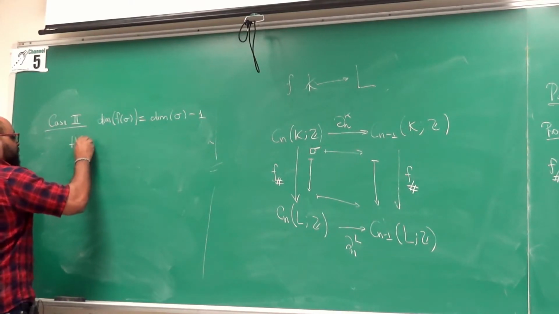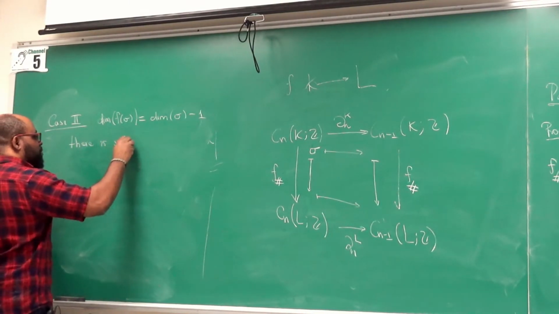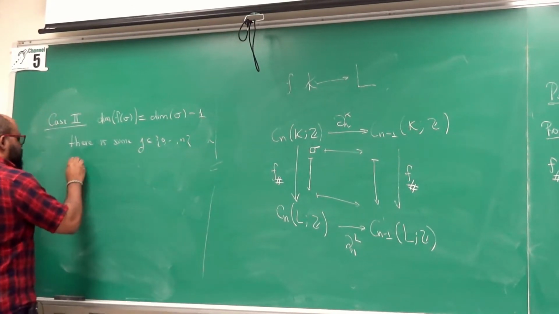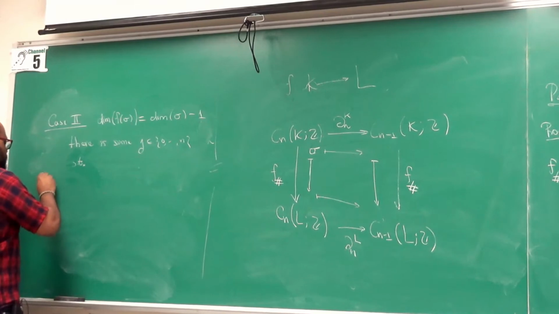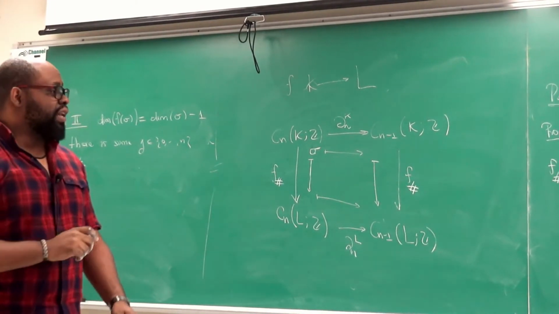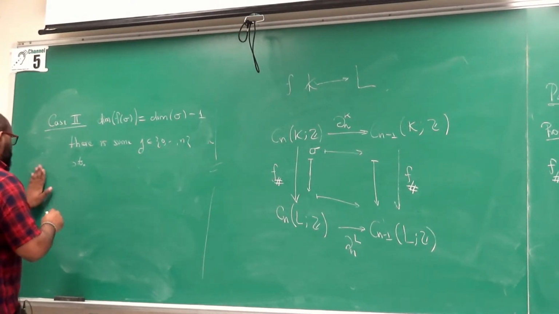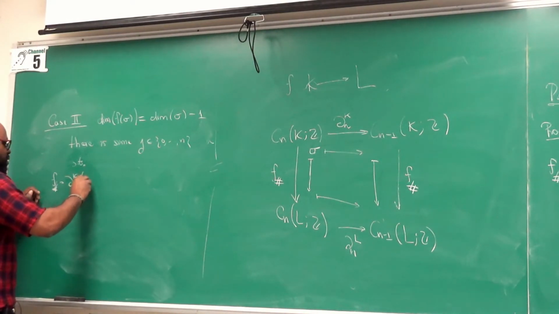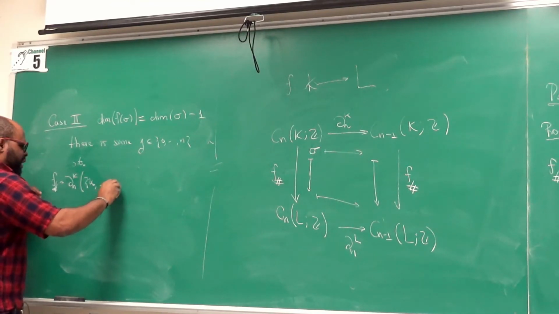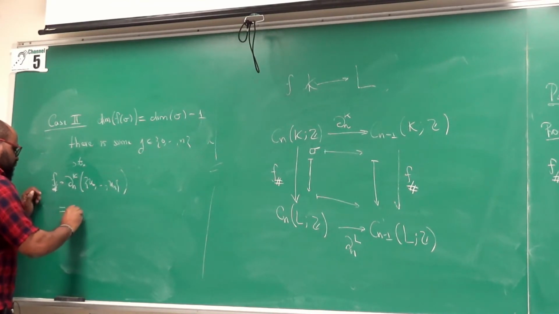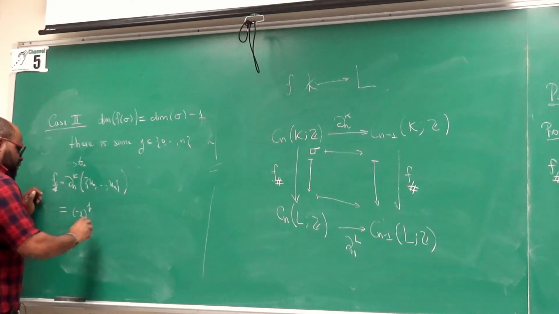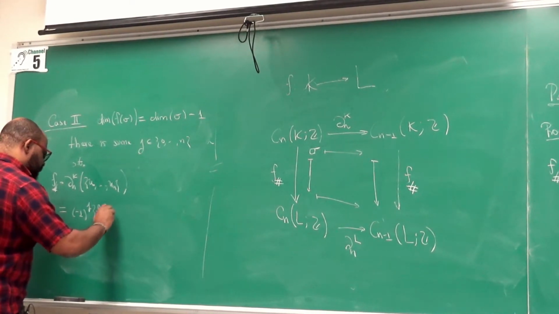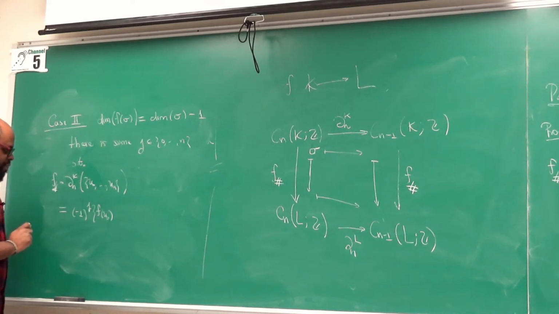there is some j between 0 and n such that we apply delta, so that f sharp of delta nk of u0 through un is only the jth term where I repeat, and let me be careful here.